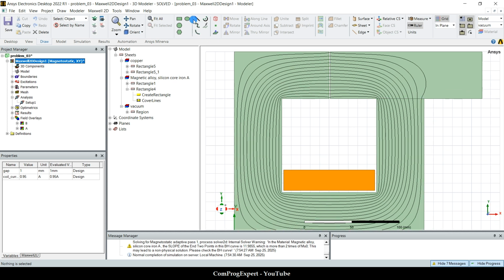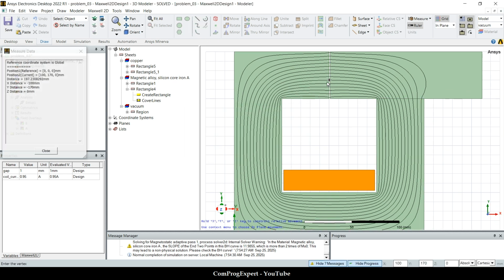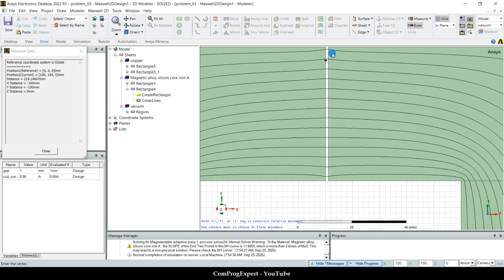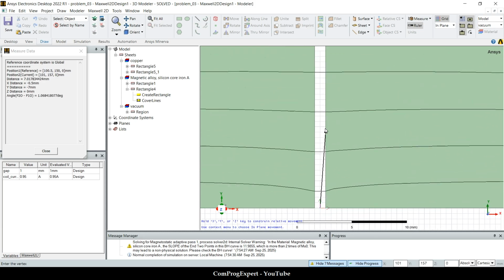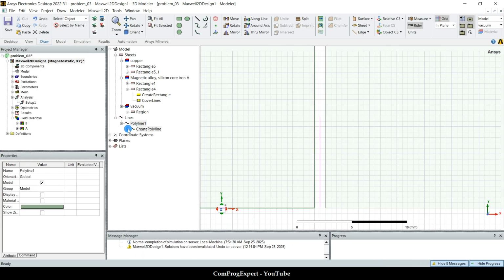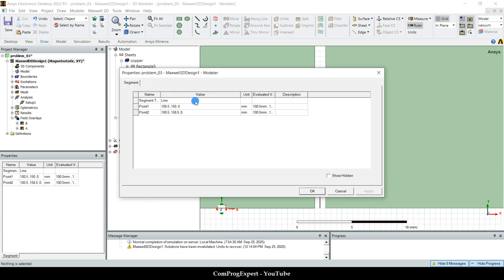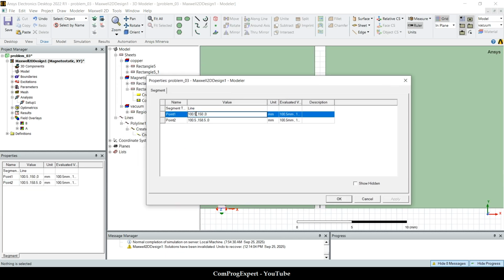Anyway, so here, if I add this line in the middle of the air gap, let's modify the coordinates. This is 10 centimeters plus gap divided by 2. This is the x.